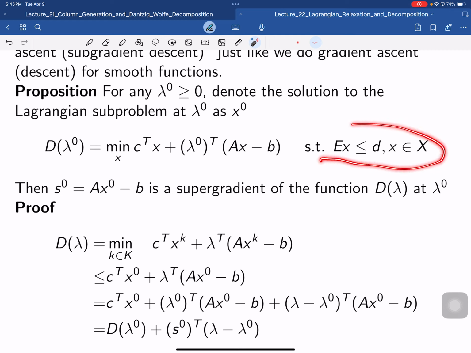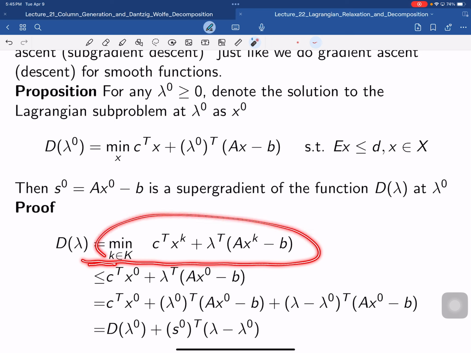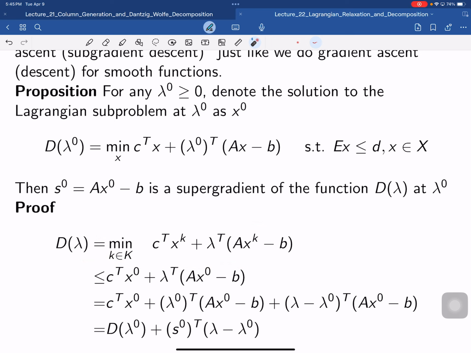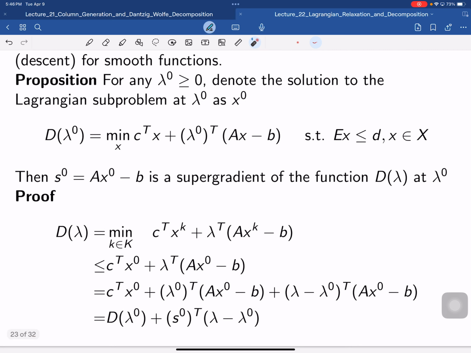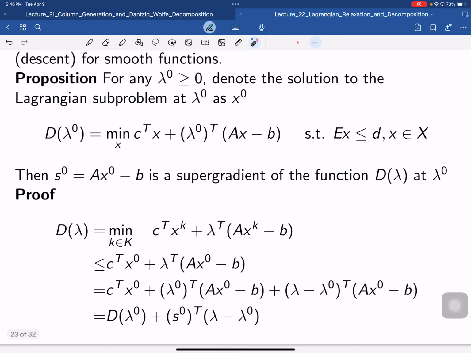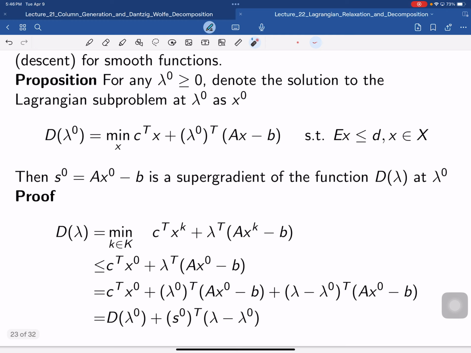Since x naught is the optimal solution of this problem, x naught is one of the extreme points. So the minimum over all the extreme points must be less than or equal to the value at a given extreme point. So you just take x naught to be the extreme point here.